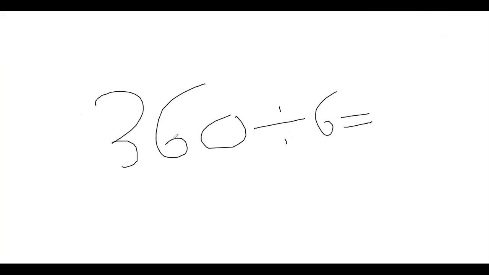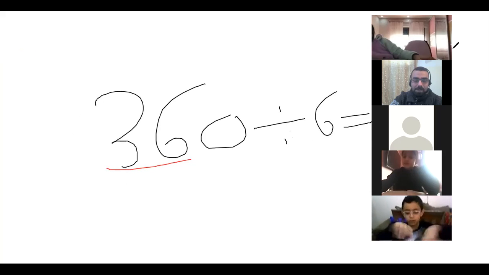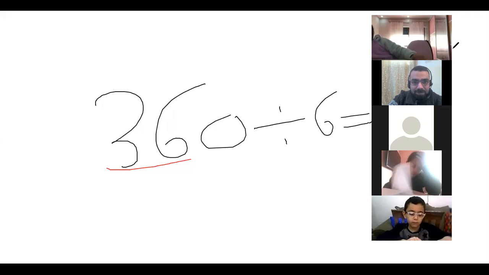Now, when you see the word mental math, dividing using mental math, just take the non-zero digits, which is what? 36. Now 36 divided by 6 equals what? 8?